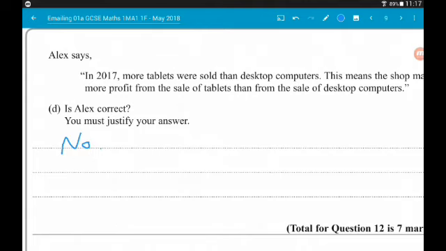The reason is, we don't know anything about the profit that they make from sales of tablets and desktops. They might only make £1 profit from selling a tablet, and they might make £100 profit by selling a desktop. So the answer we would put then is no. We don't know.